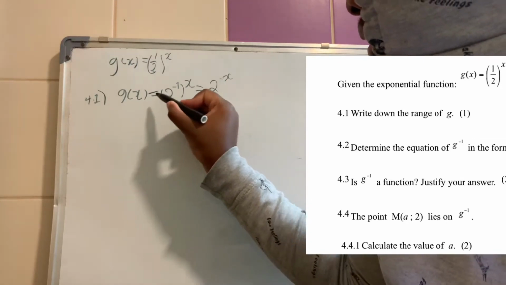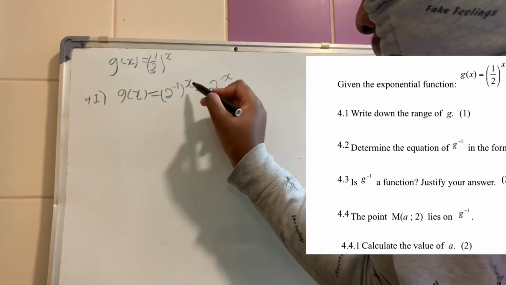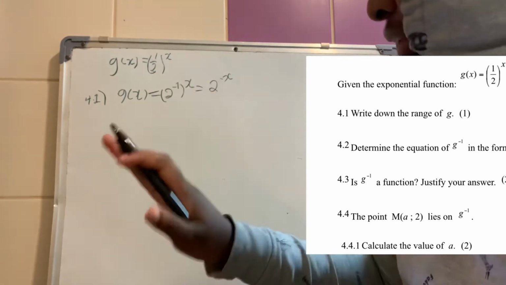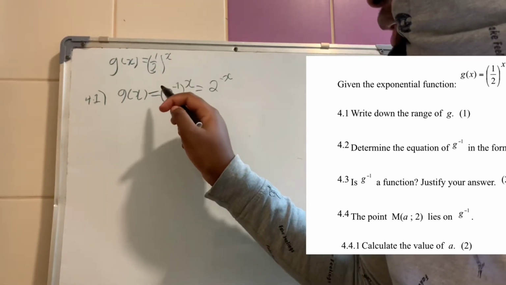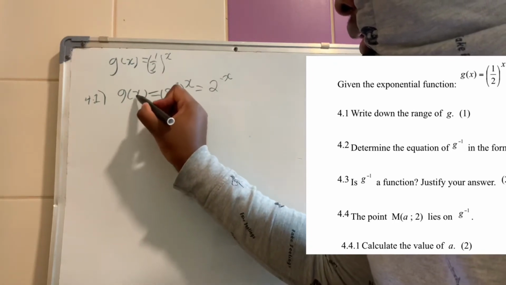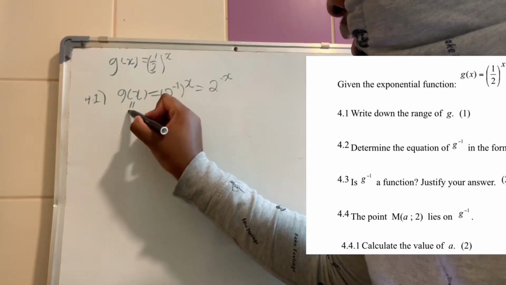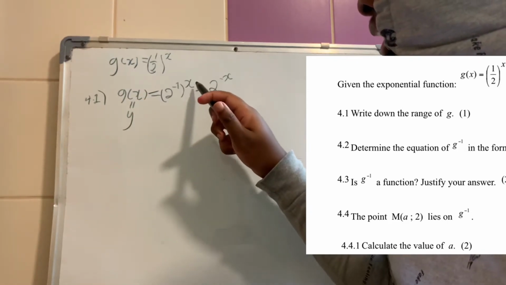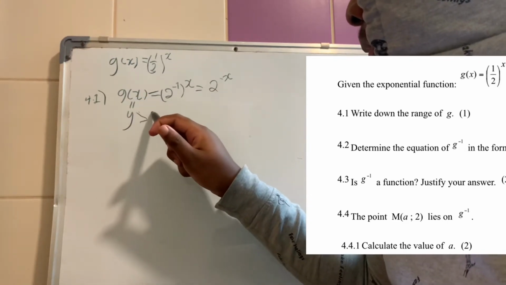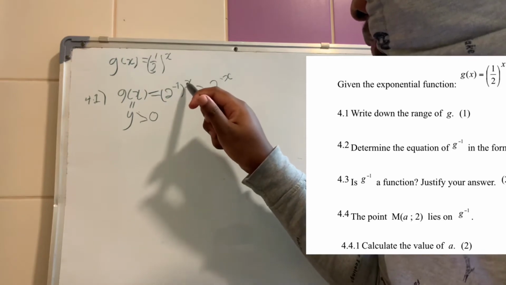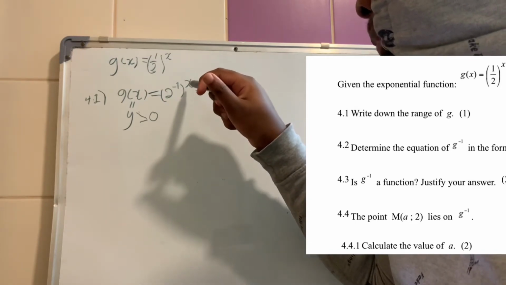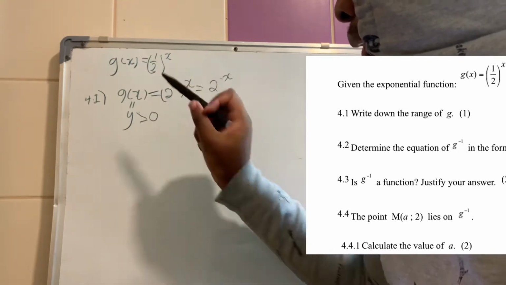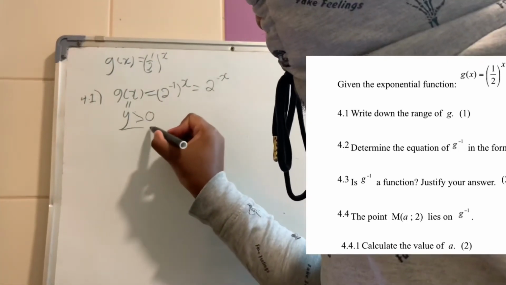Now we're going to say, whatever value we get for x and substitute into this, the y will be positive. Like if x is 0 it will be 1, if x is -1 it will be 2, and so on. So y is always positive, and therefore this is our answer.